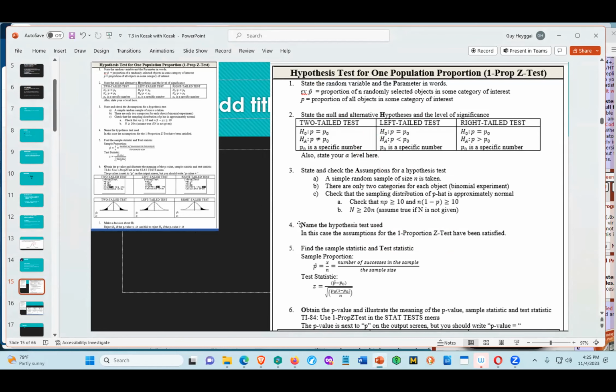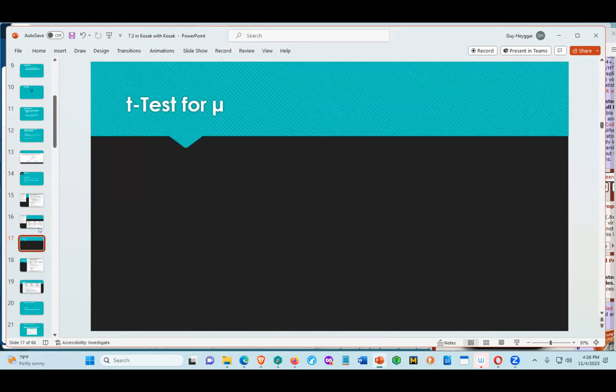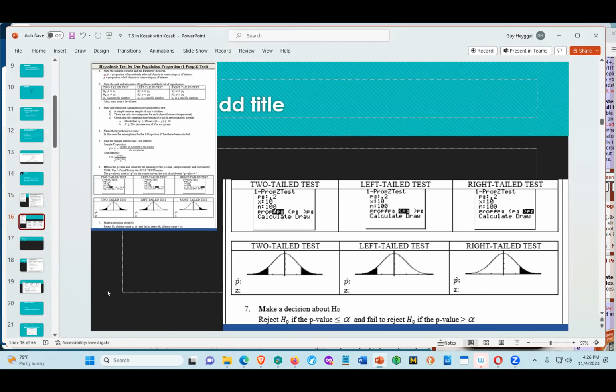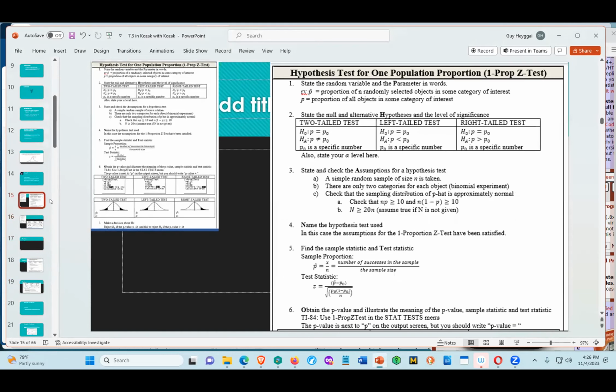Name of the hypothesis test used. One proportion z-test. Find the sample stat and the test stat, which we'll get from the calculator. Obtain a p-value, and then if the p-value is less than alpha, we'll reject the null.